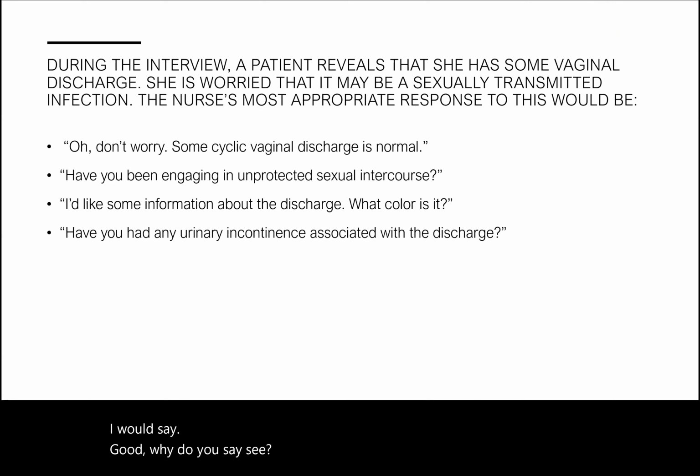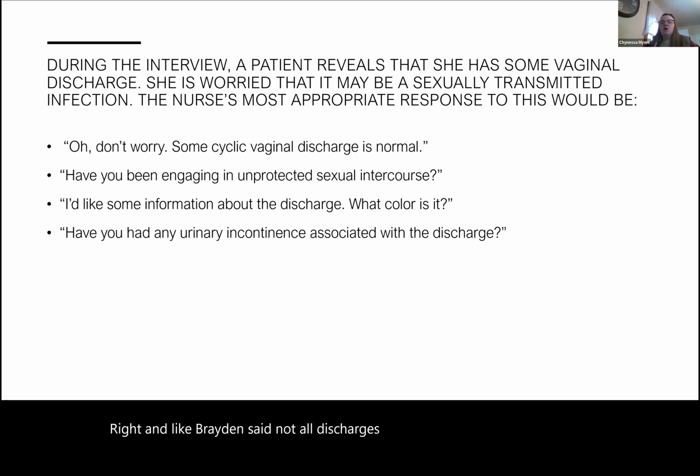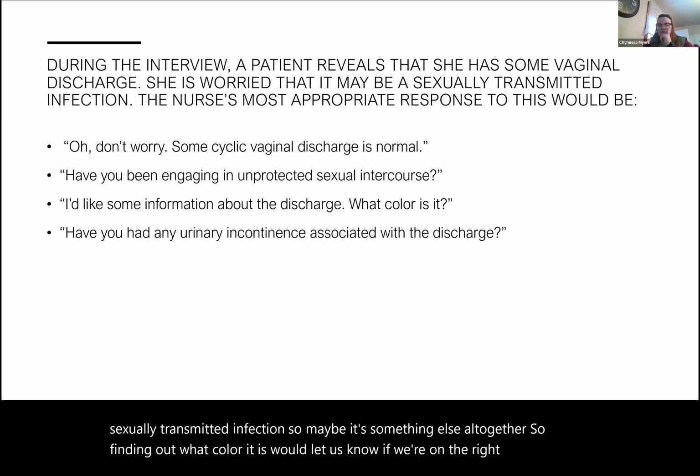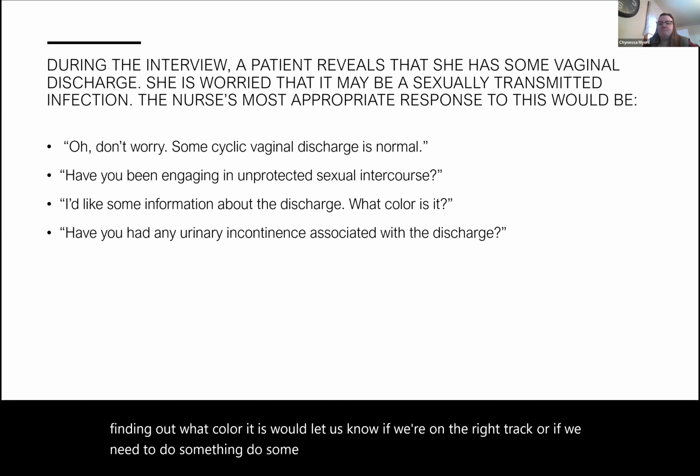Because you're observing the color of the discharge. And it could tell you more about a specific type of STI without having to screen yet. Right. And like Breeden said, not all discharge is related to sexual intercourse or sexually transmitted infections. So maybe it's something else altogether. So finding out what color it is would let us know if we're on the right track or if we need to do some different questions, right?